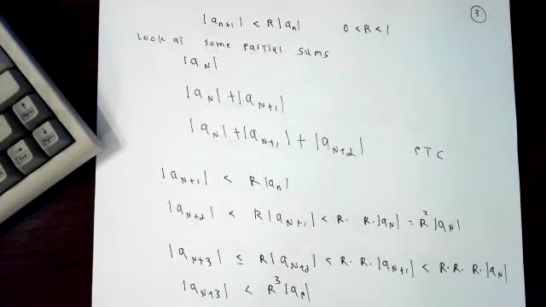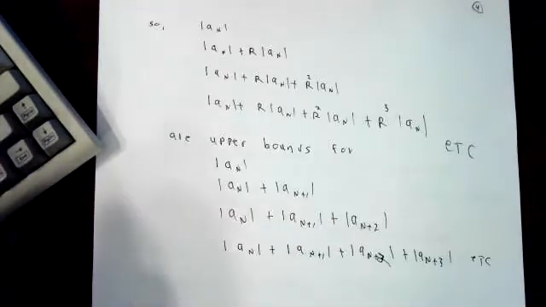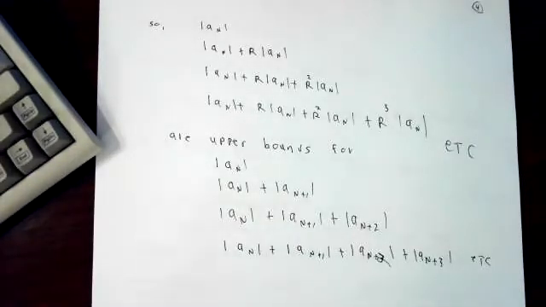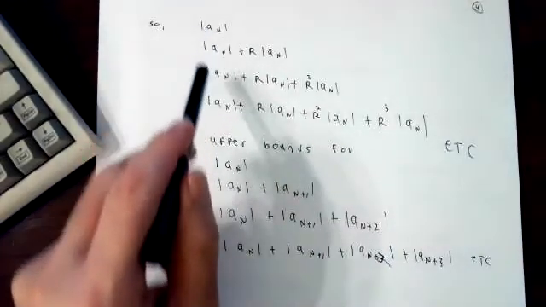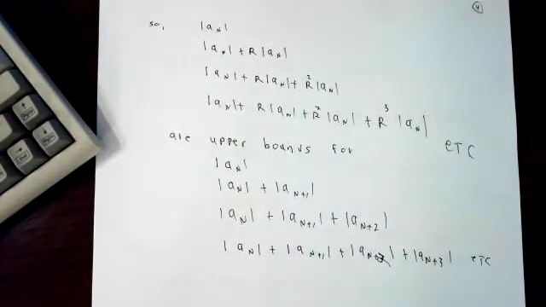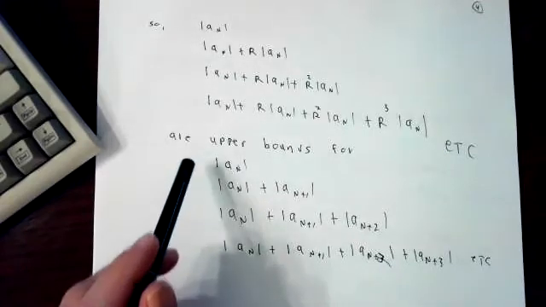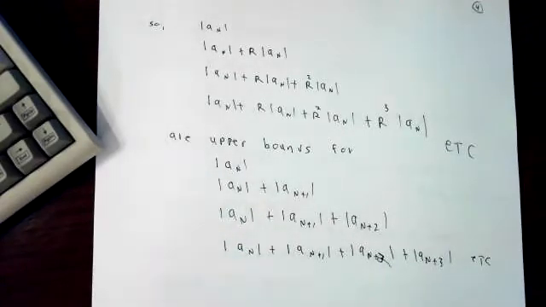If we knew mathematical induction, we could give a rigorous argument that this pattern is going to persist, but I'm just going to say, I think it's fairly obvious. So if I form these partial sums, these are upper bounds for the partial sums starting at capital N of the absolute value of a_n.